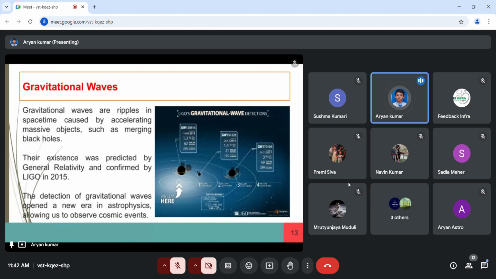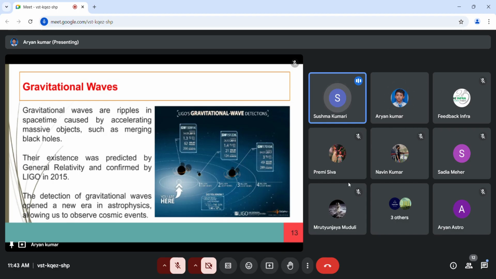Okay, so now we are moving to the next topic. It is about gravitational waves by relativity. Aaron, would you like to read this one? Yes. Gravitational waves are ripples in space-time caused by accelerating massive objects such as merging black holes.